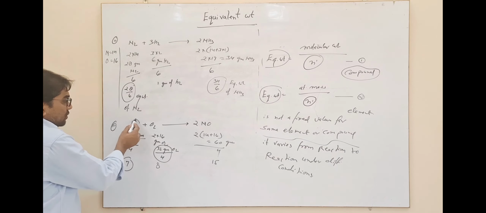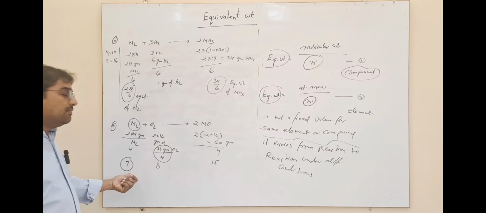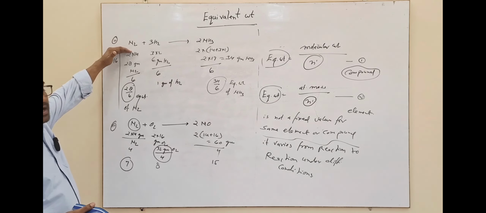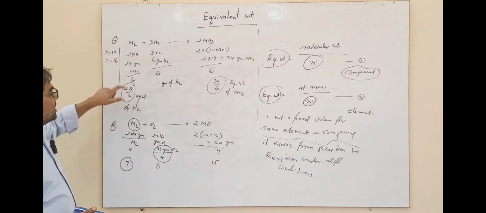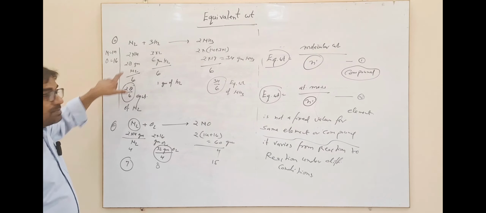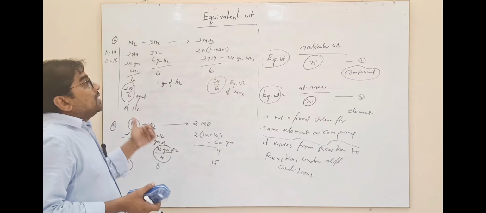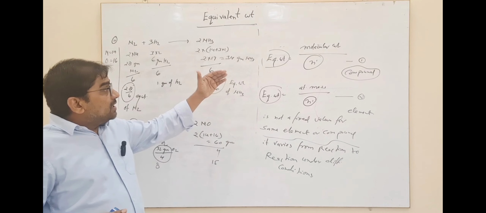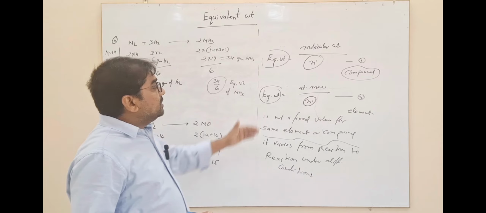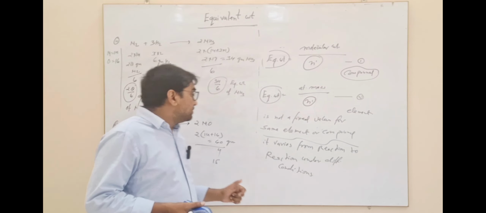So what is the equivalent weight of nitrogen in this equation? It becomes 7. While in the case of the second equation, the nitrogen equivalent weight is 28 divided by 6. It varies as per the reaction, as the conditions change. As we have discussed already, equivalent weight is not a fixed value. It varies along with change in condition in a chemical reaction.